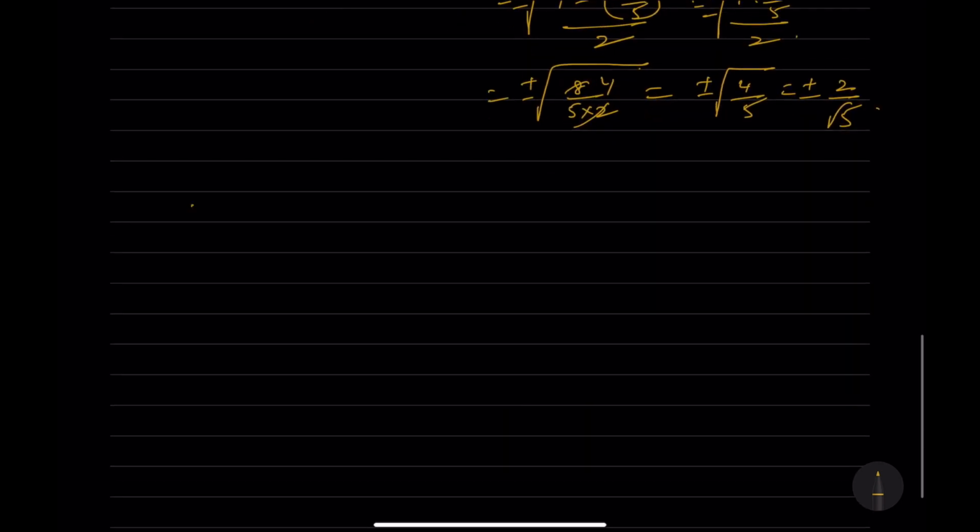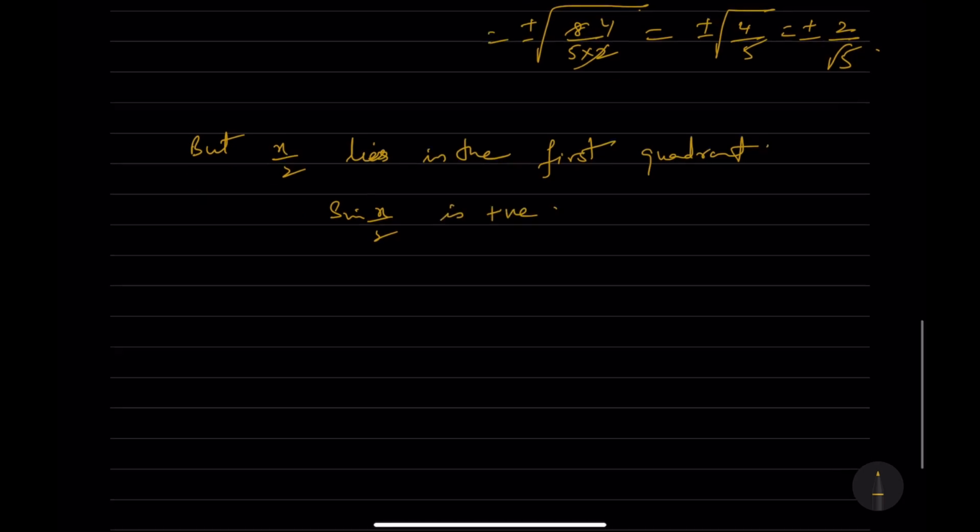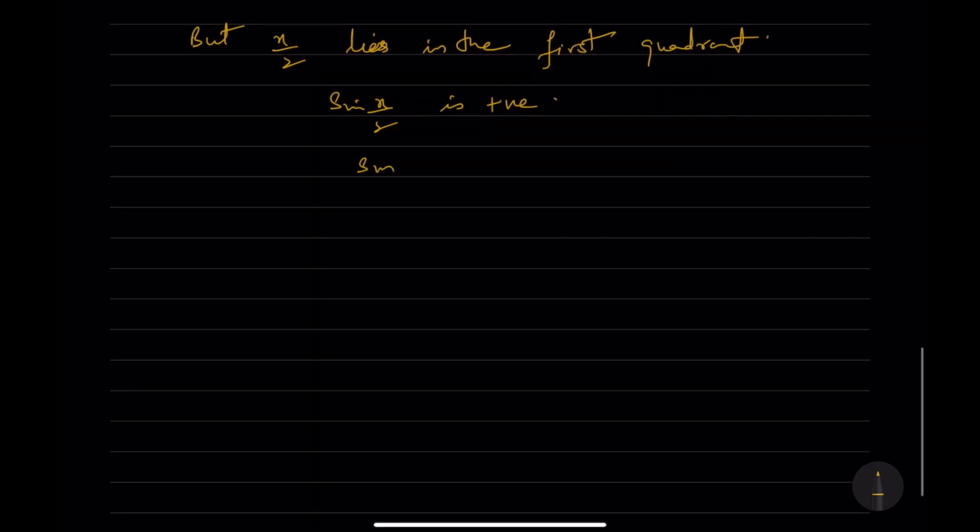But you know that x by 2 lies in which quadrant? It lies in the first quadrant. So in the first quadrant sine x by 2 is positive. Therefore sine x by 2 is equal to 2 by root 5.